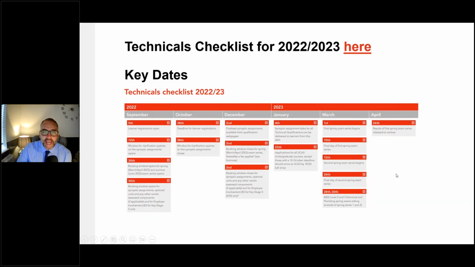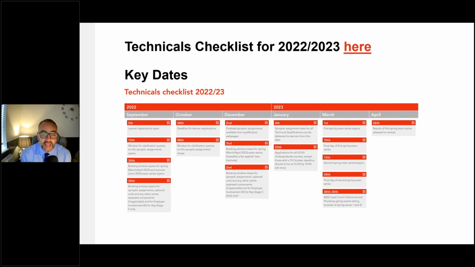So, important dates. I suppose a key difference to this qualification to VRQs, where it's very much you're delivering your planning, is there are very important dates for the technical. We've already discussed a couple in the exams, but we've also got synoptics. We've also got booking windows, so actual dates for booking these assessments.